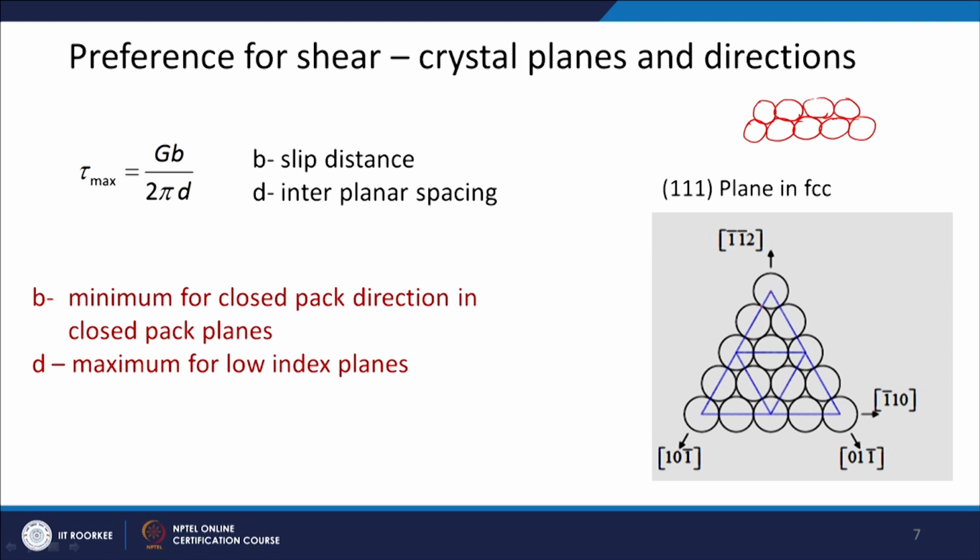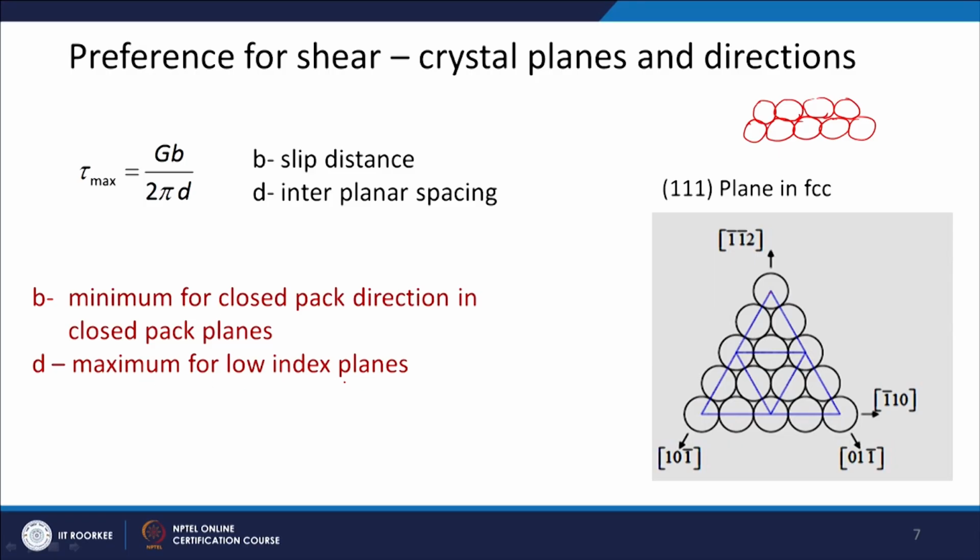So, this atom when it slips, it goes to the next position here. This is the distance it is going to travel. As I told you, you cannot get better packing than this. That means this is the minimum distance an atom has to travel, and that is equal to your slip distance.